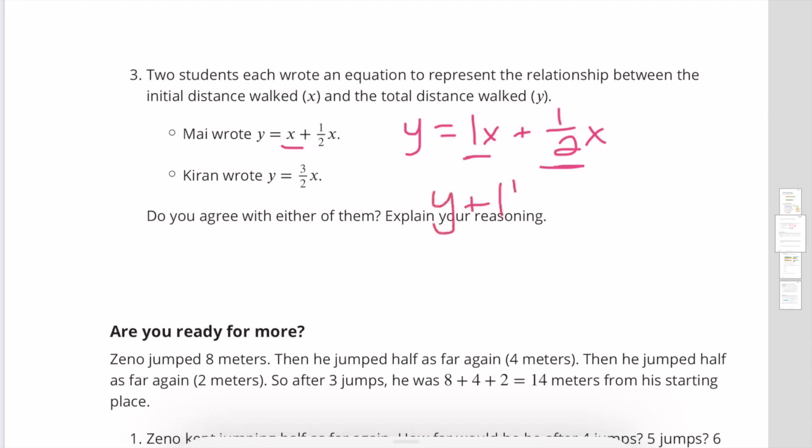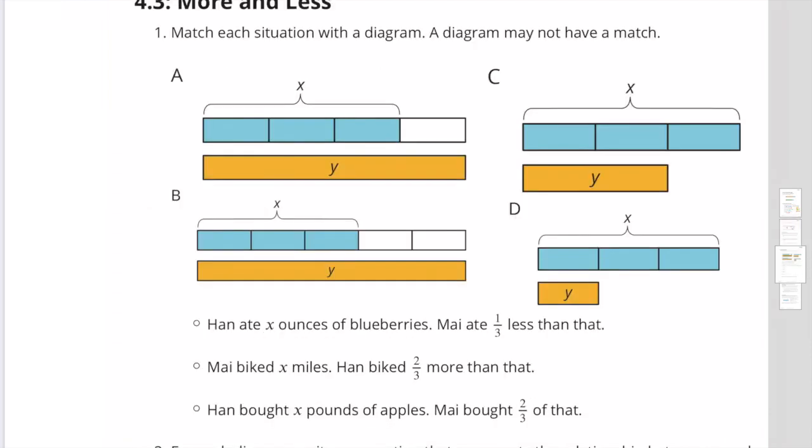That would be 1 and 1/2. This is supposed to be equals, sorry. Y equals 1 and 1/2 X. Well, what is 3/2? That is the same thing as 1 and 1/2 X. So these are the exact same thing, so they are both correct.